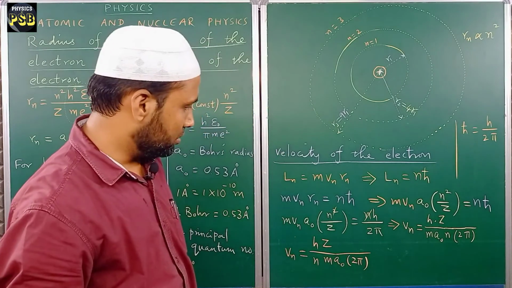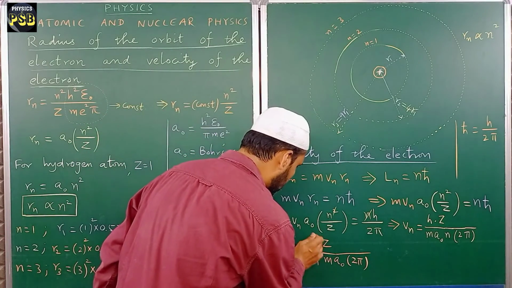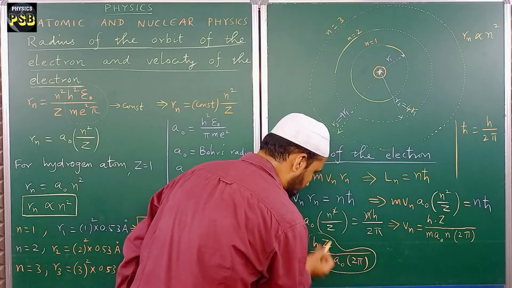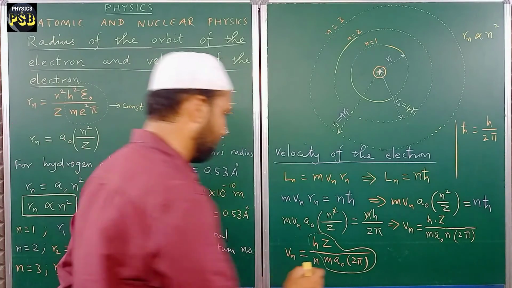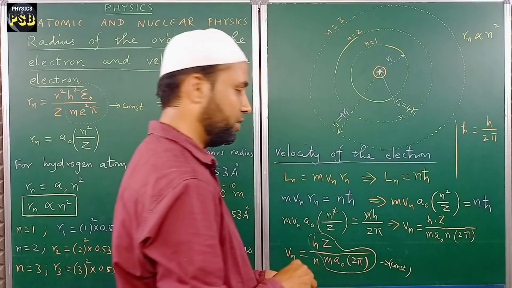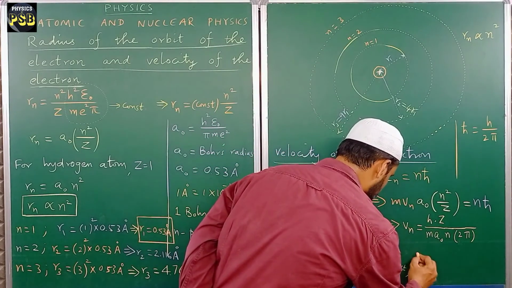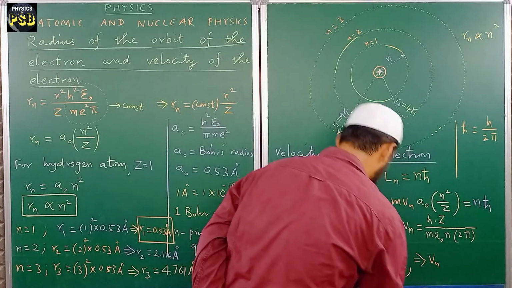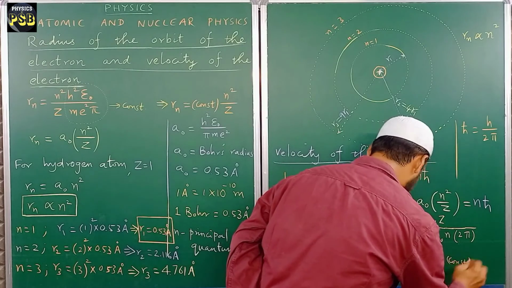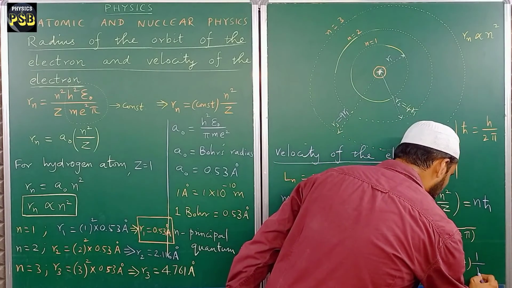So I take the constant term outside. If I take the constant term outside, then I'll get Vn equals constant multiplied with 1 upon n.